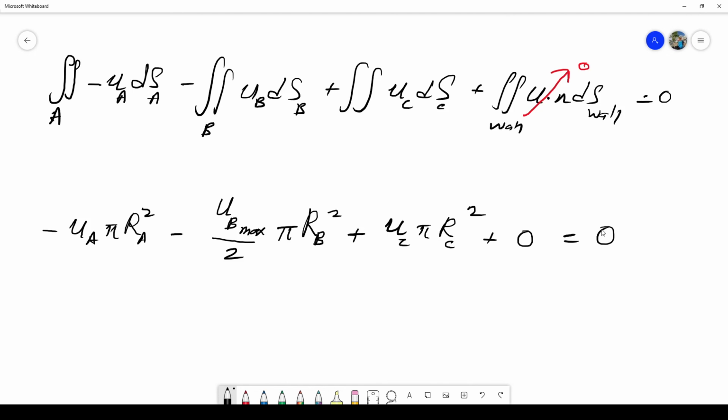From this equation, we would like to determine what UC is.